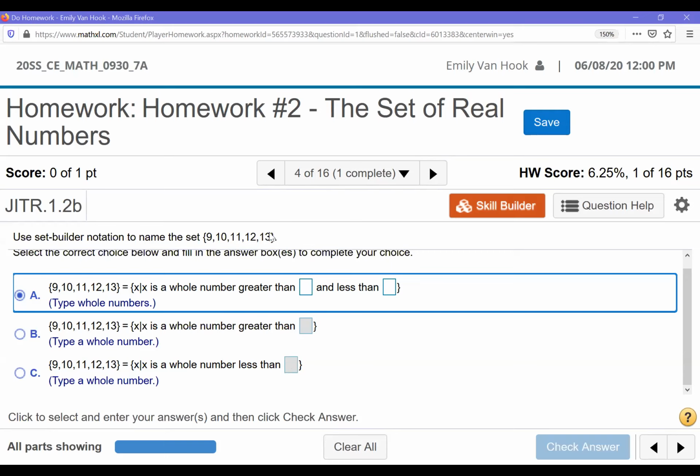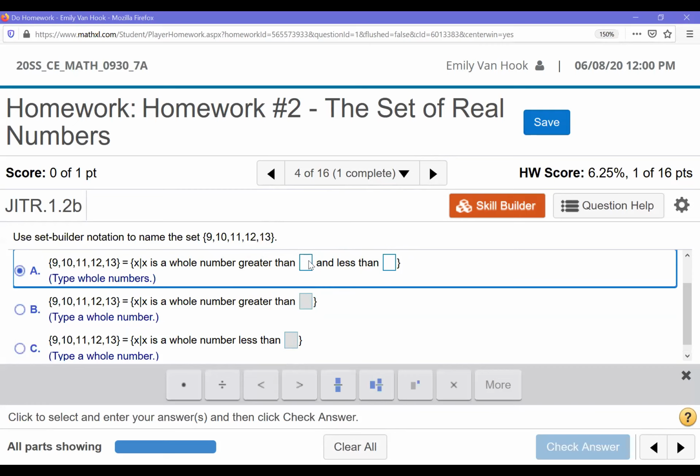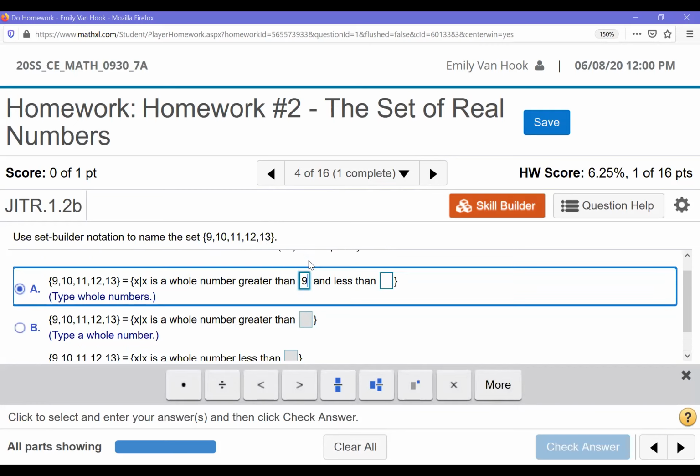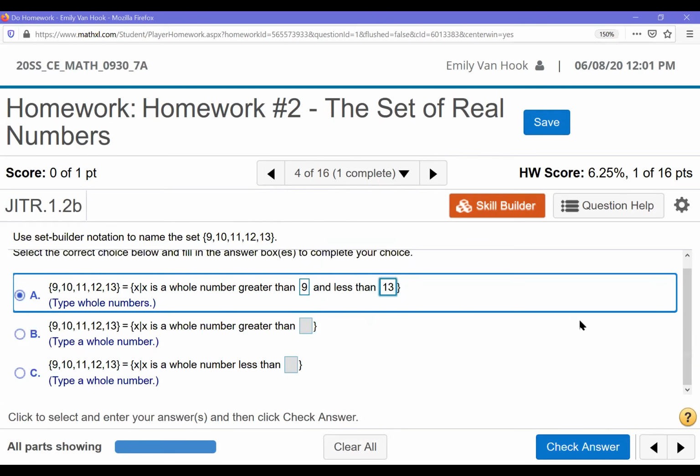It's not going on forever in either direction. So I think I need to name something on either end of the set. So these numbers are all greater than something and less than something. Okay, so I'm looking at the 9 and the 13, but let's see what happens if I type those numbers in. I'm going to get it wrong, but let's just see what error message we will get if we try that.